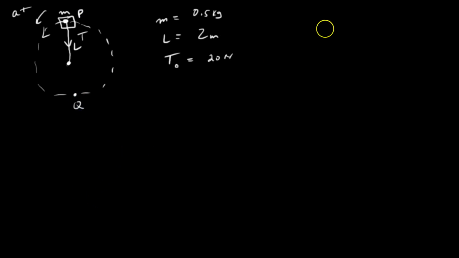Alright, so part A, they ask you to draw all the forces acting. Simple enough, we just draw this thing. So we know we have mg down, and we also have tension coming from the string.